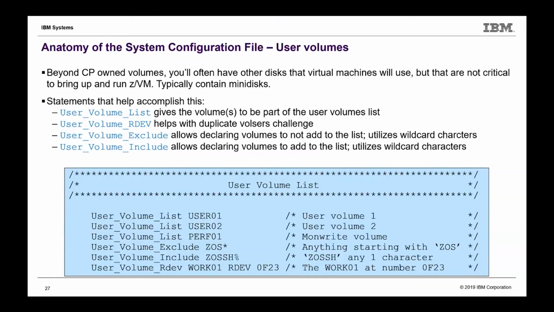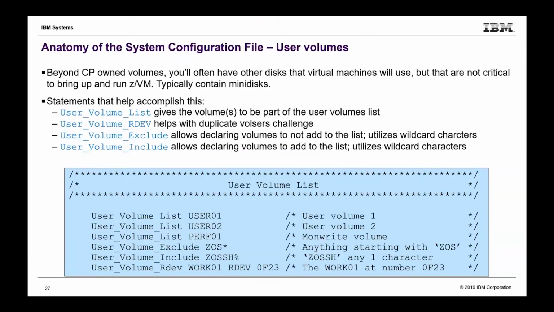Anything after user will be considered a user volume. So it really depends on whether you have a good naming convention there, right? And then there's some cases where I might want to exclude volumes. Maybe they're there because I have things configured so that I can get to all the volumes, but I really don't want them. So maybe there's a z/OS system that I can get to, but I don't really want those volumes to be considered in my user list, right? And so maybe I'll exclude everything that has z/OS, anything after that.